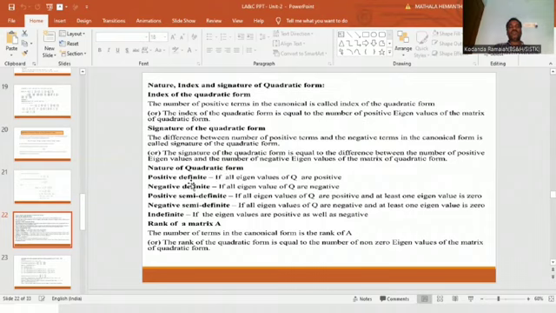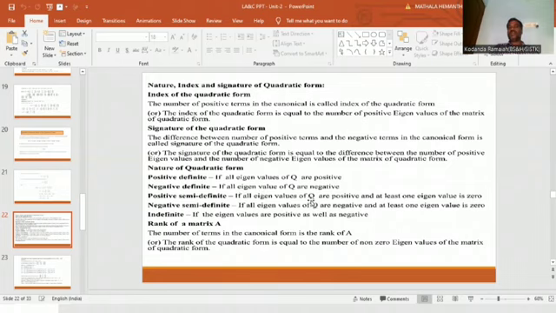The nature of quadratic forms are of different types: positive definite, negative definite, positive semi-definite, negative semi-definite, and indefinite. Based on the eigenvalues, we decide the nature. If all eigenvalues are positive, that is a positive definite nature. If all eigenvalues are negative, that is a negative definite nature.